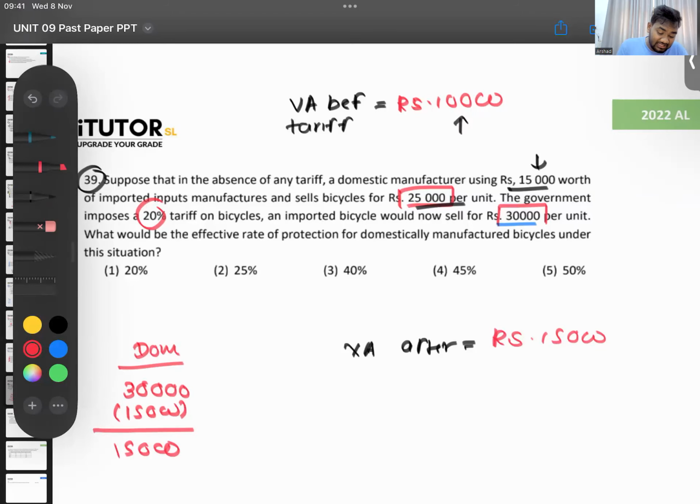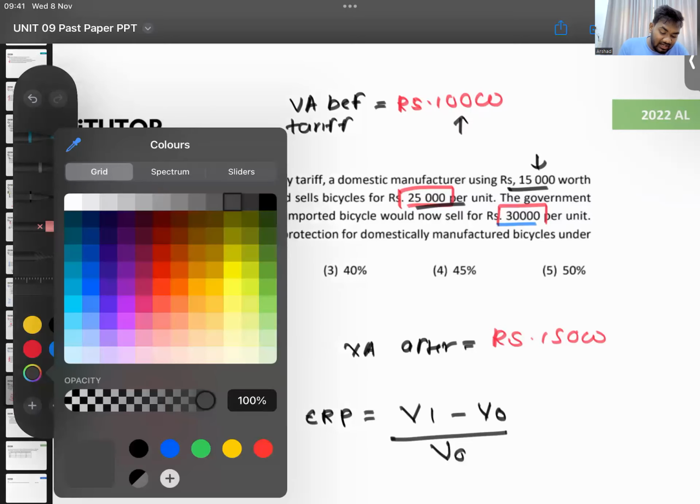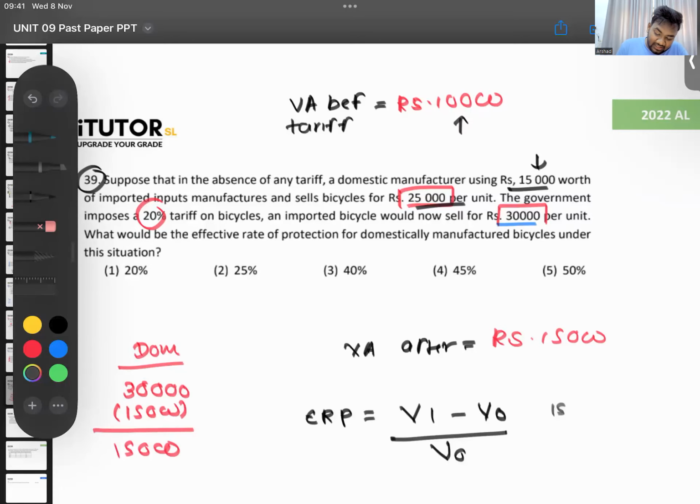So how do you calculate the percentage? Effective rate of protectionism equals value added after tariff minus value added before tariff, divided by value added before. So value added after tariff 15,000, value added before tariff 10,000, divided by the value added before tariff 10,000.